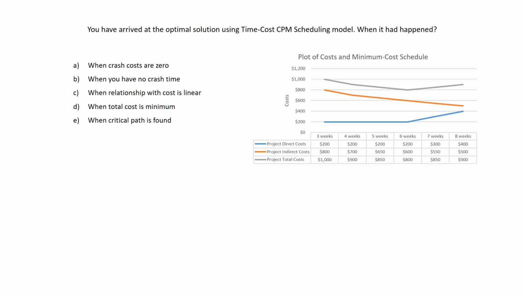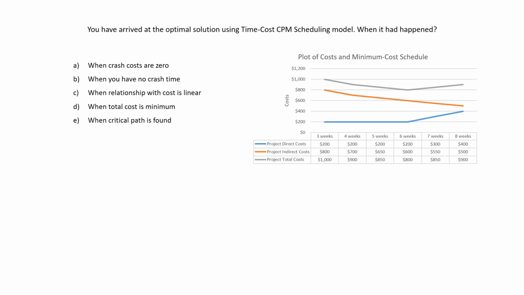The second question here, we are trying to find when it happens to arrive at the optimal solution using the time cost CPM scheduling model. Please look at the table over there.